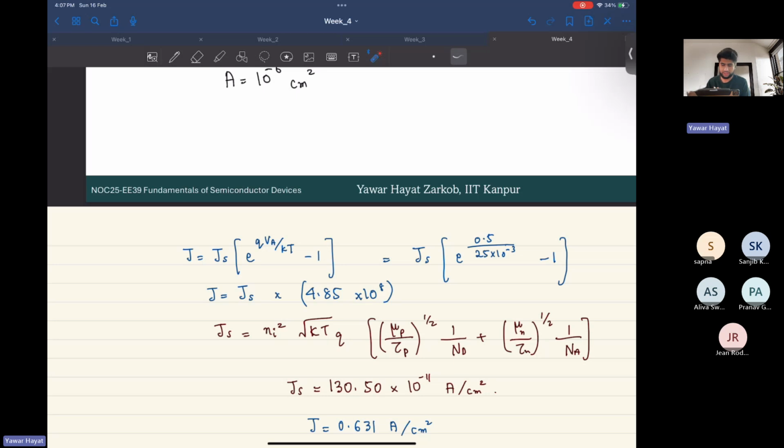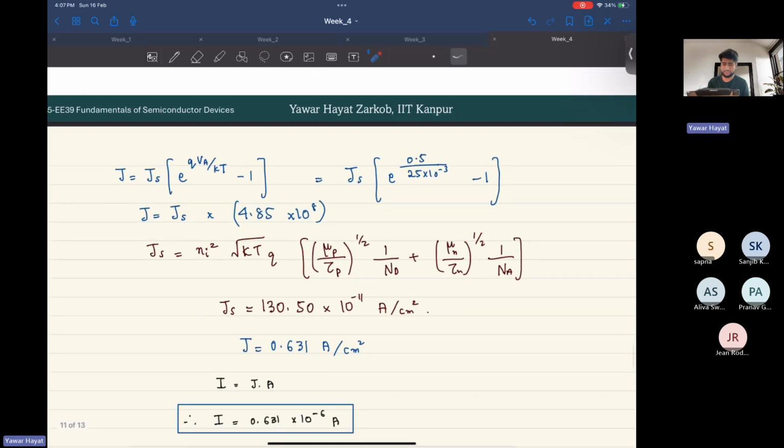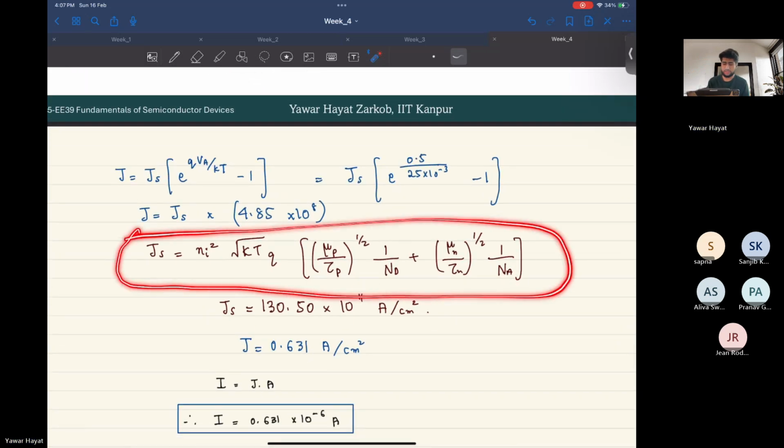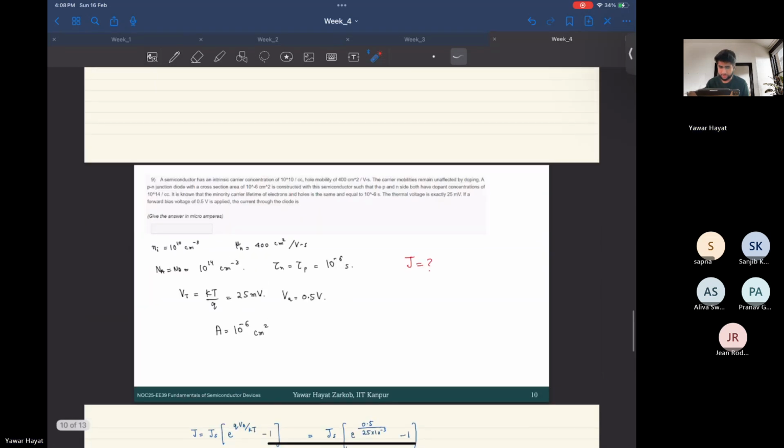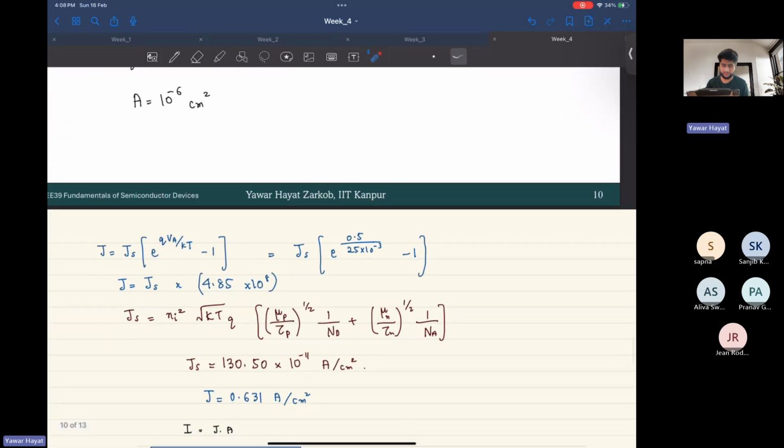Your J is Js exponential of qVa by kT minus 1, where J is the current density in the diode and Js is your reverse saturation current density. There is an expression for this Js. What I did was I plugged in the values. I used ni, and T was provided. The thermal voltage is 25 millivolts.